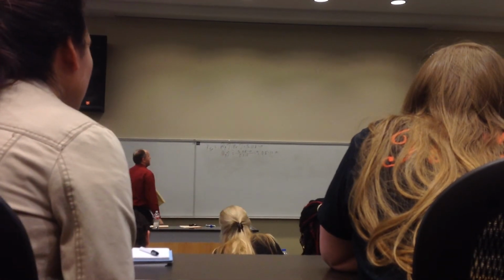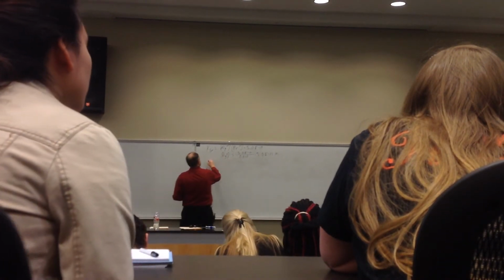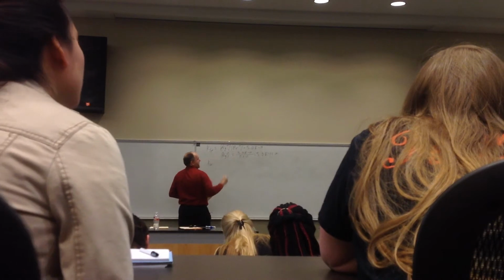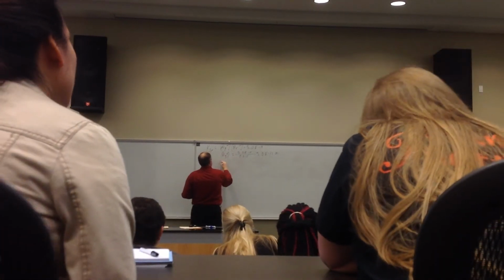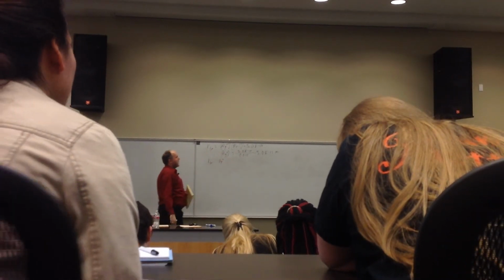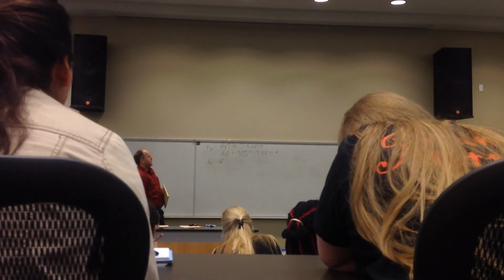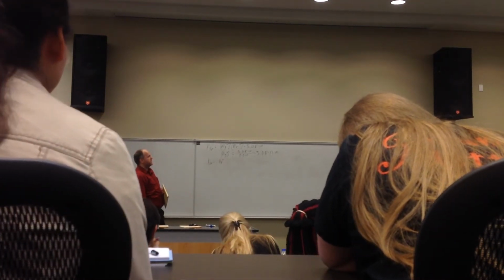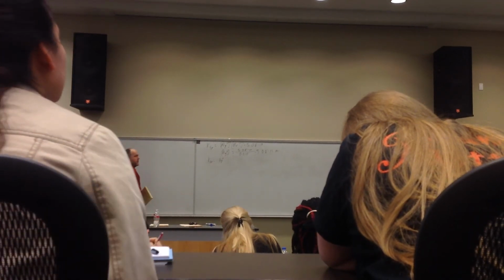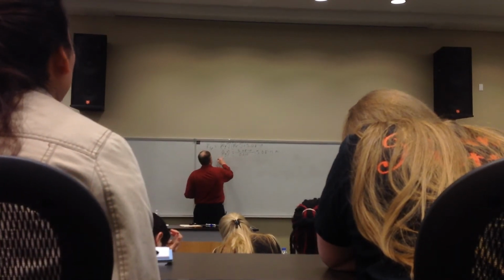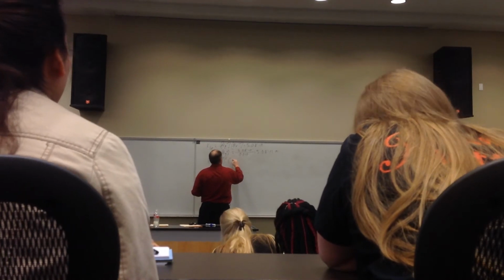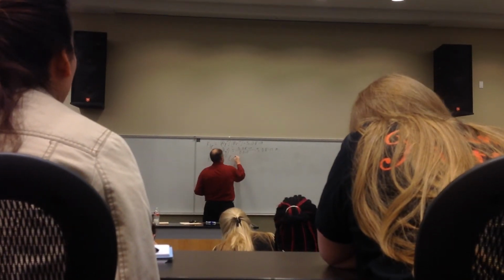Now silver chromate. When I write the dissociation reaction for silver chromate, how many silvers do I get? 2. So this has to be silver squared times the concentration of chromate.